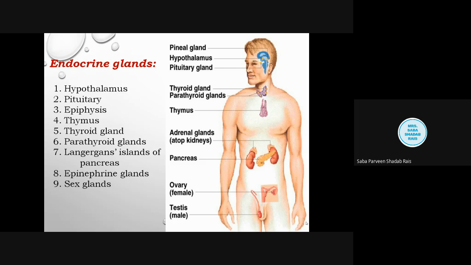That part is the exocrine part, and there are special bands, called the islets of Langerhans, that is the endocrine part. Then the epinephrine glands, these are the adrenal glands, and there are two sex glands, the ovary in females and the testis in males. These glands are also called the gonads.